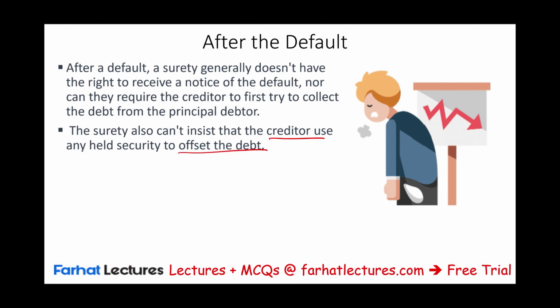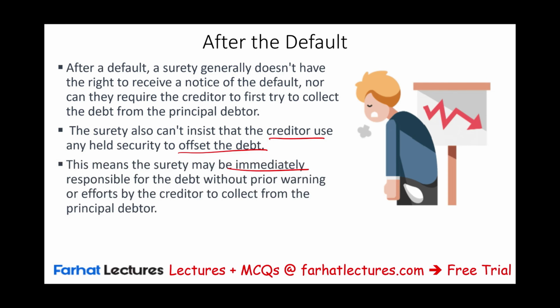Who can do that? The guarantor of collectibility. They can do that. This means the surety may be immediately responsible for the debt, not maybe, will be immediately responsible for the debt without prior warning or effort made by the creditor to collect the money from the principal. So you have to be very careful when you co-sign a loan and there's a surety issue here.